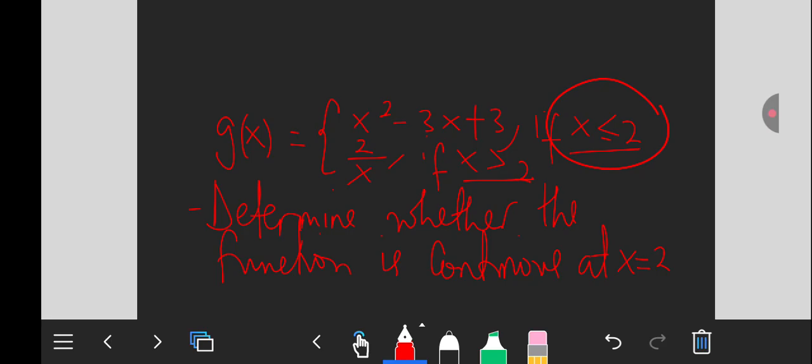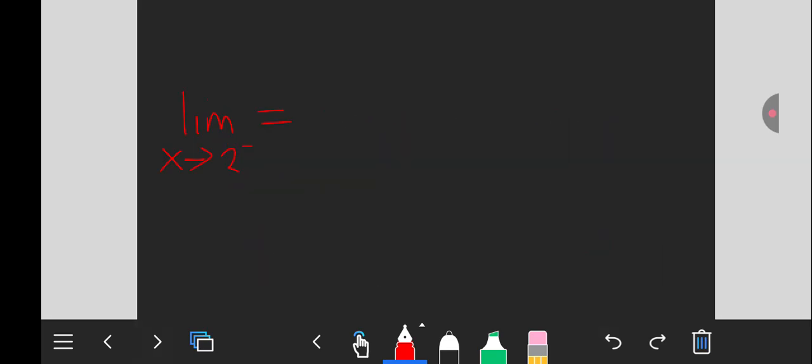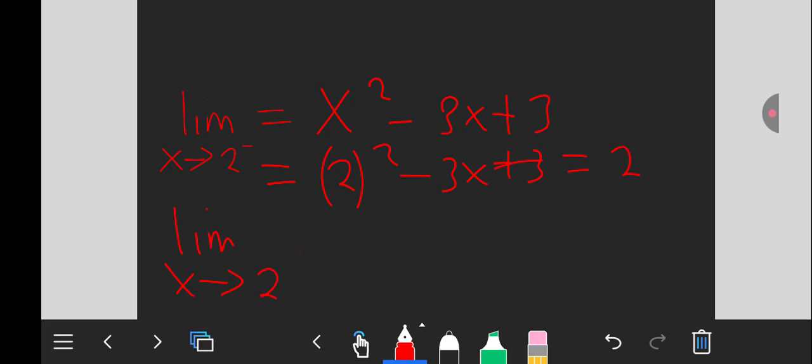Okay, so let's use this same equation. Obviously, it should give us the same value we just found, so we substitute 2, so 2 squared minus 3x plus 3, and this gave us a 1. Let's find the limit as x approaches 2, now from the positive side or from the right hand side.